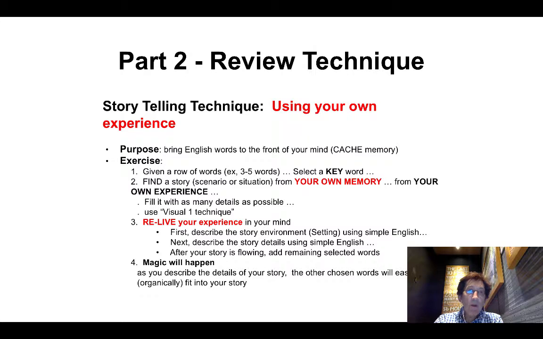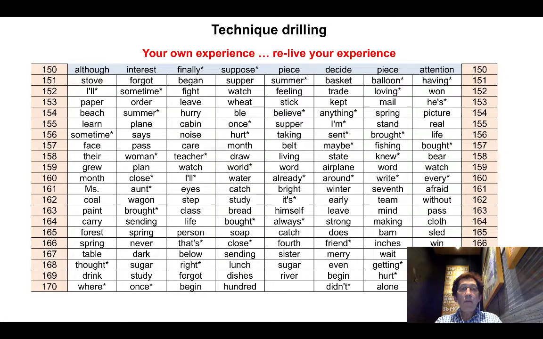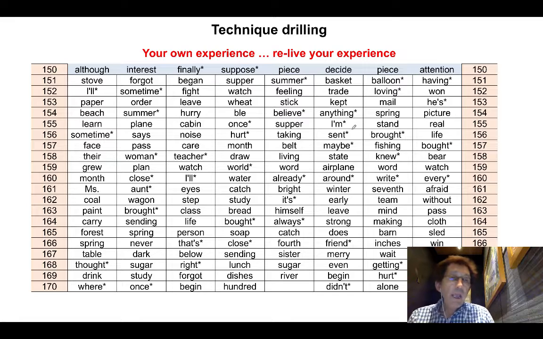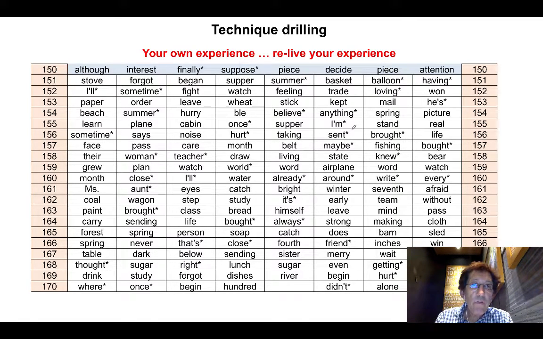Okay, so now we're going to go to the storytelling, all right? And we're going to go to page 15. And here, I'm going to give you a few words. And I want you to pick the same structure as before.